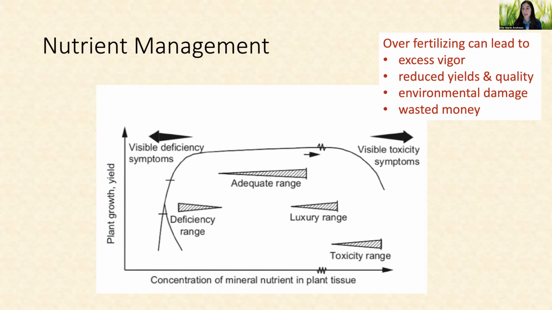So if you're over applying nitrogen, for instance, nitrate, which is a form of nitrogen, is pretty mobile in the soil. And if you get a big rain event or a big irrigation event, you can flush nitrate out of the soil profile and into groundwater, which is not good because it can cause environmental damage, but also human health risks as well.